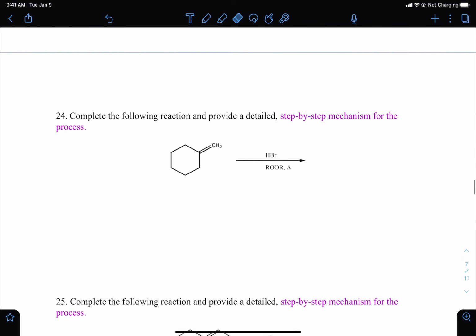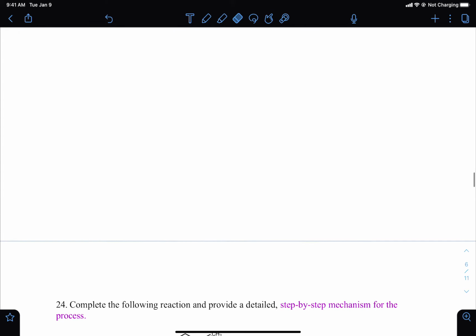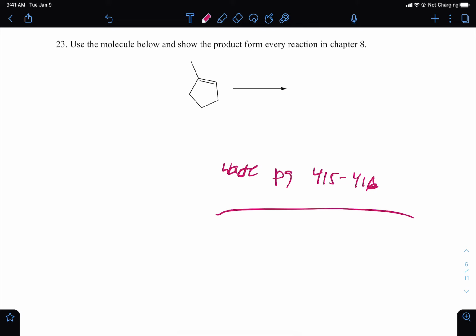It was these. So you and I did not do these. And remember, the answer to this one was found on Wade, page 415 and 416, right? So you can find that there.